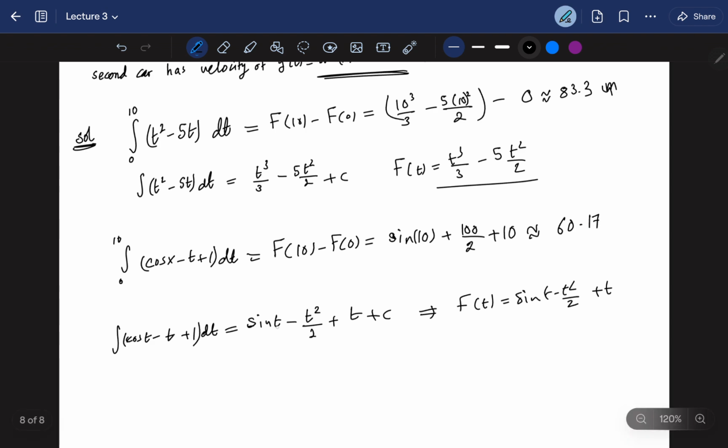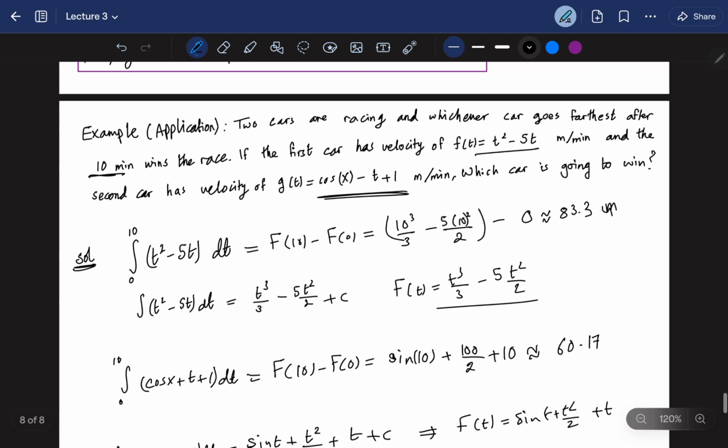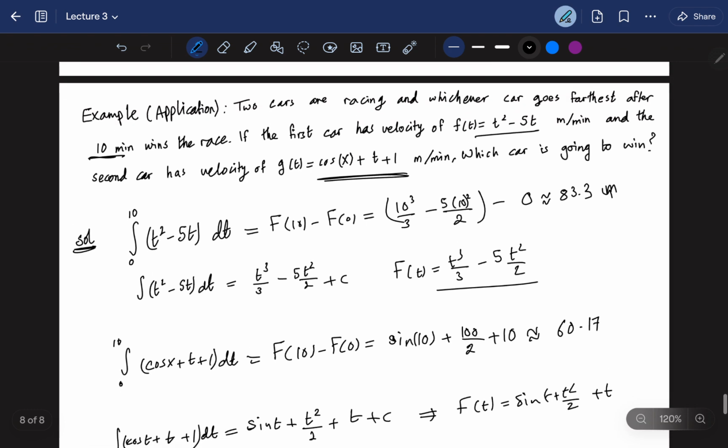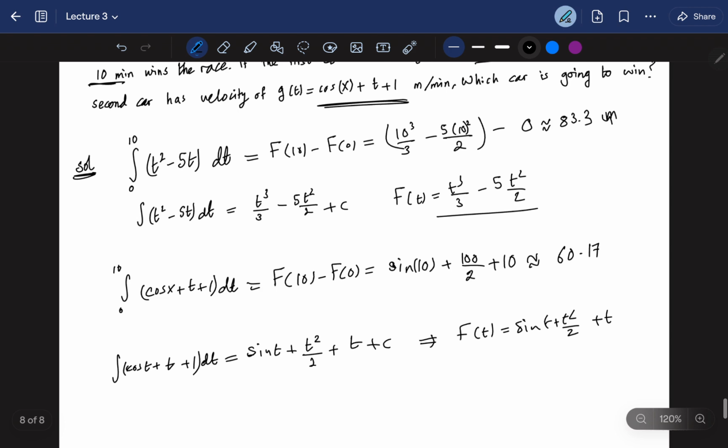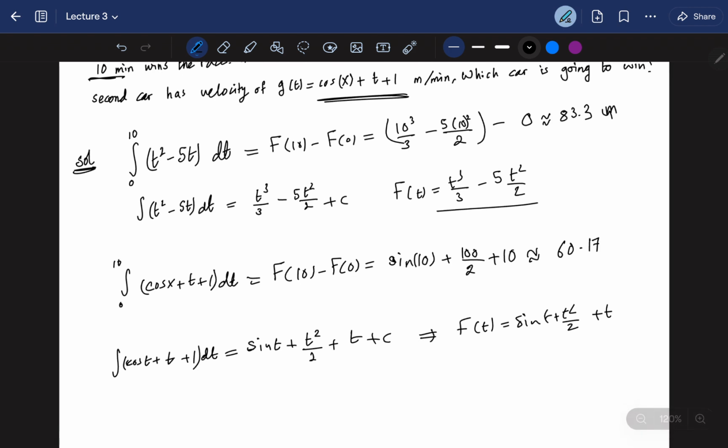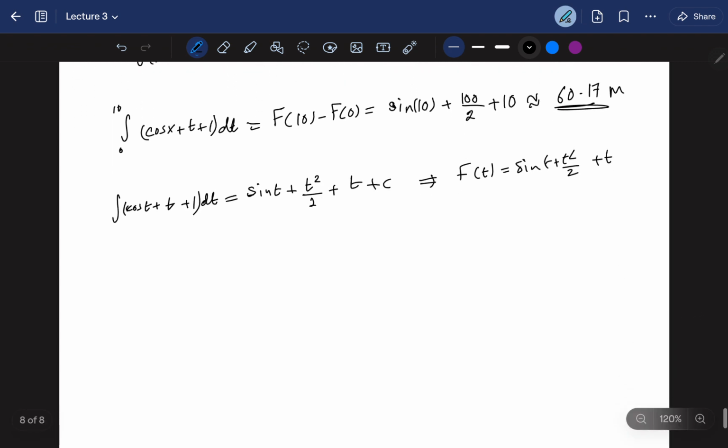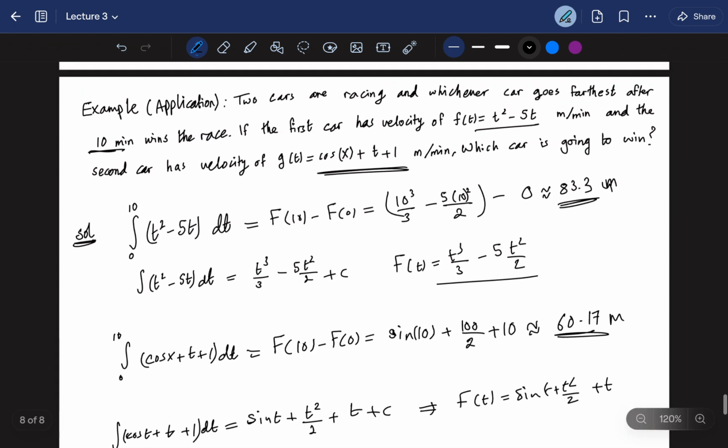Oh, this has to be positive, sorry. Because if it's not positive, it's going to be negative, which is not correct because we can't have negative distance. So if you can see, the distance traveled by the first car is larger, which means that the first car won the race.